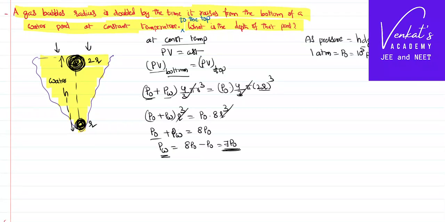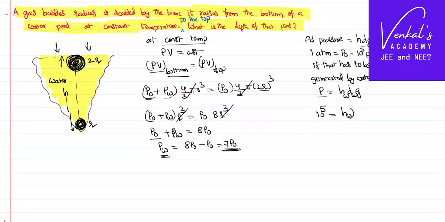If that 1 atmospheric pressure has to be generated by water, I can write the pressure formula as h d g. For water, it is the height of the water, density of the water, into g. So you have found 1 atmospheric pressure as 10 power 5 Pascal.